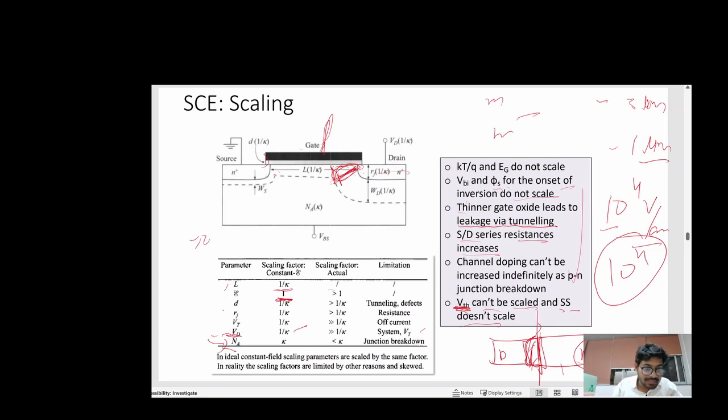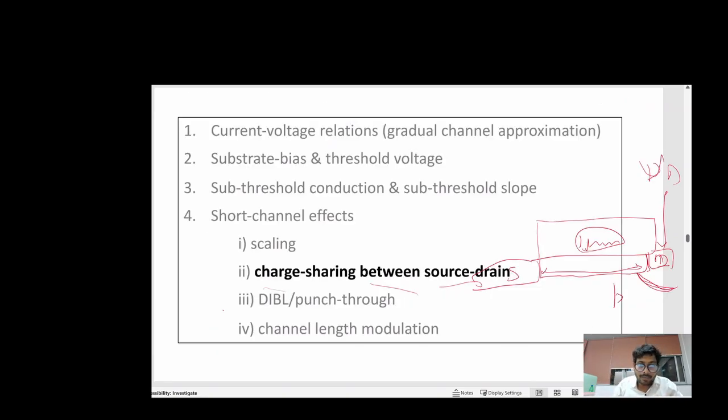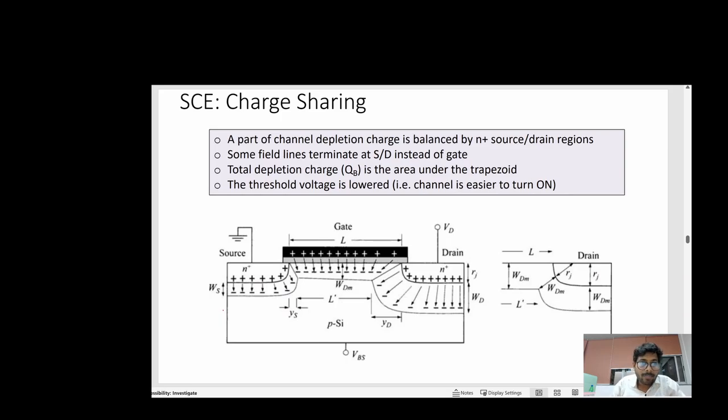So that we will see in this one. This is the charge sharing. This part, the red part, is your drain contact, doped with N plus plus. This WDM is your depletion region after application of the drain.